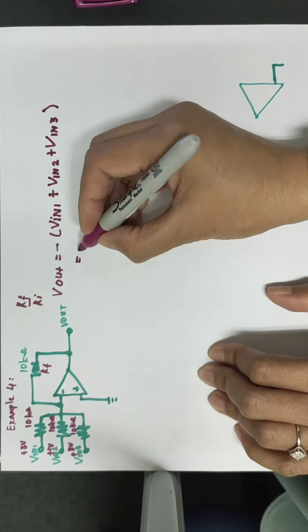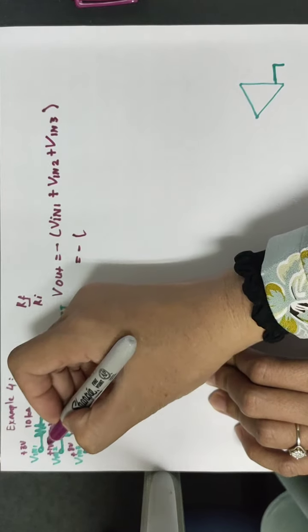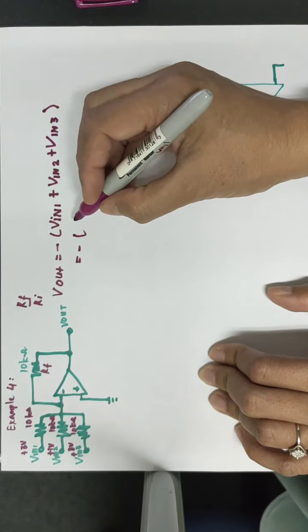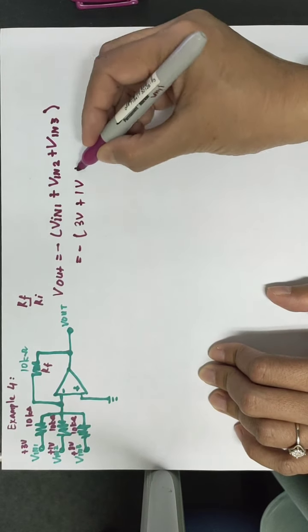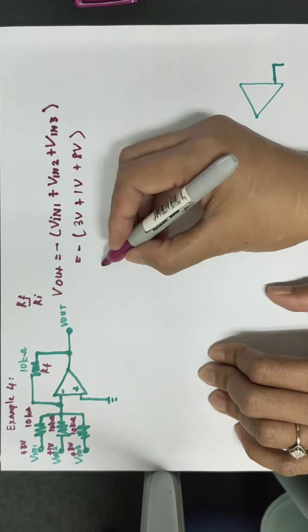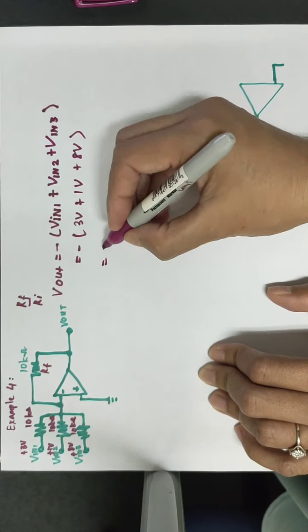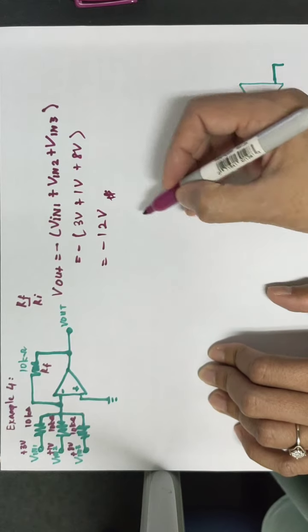So simply add all the input voltages: 3 volt, 1 volt, 8 volt, which equals negative 12 volt.